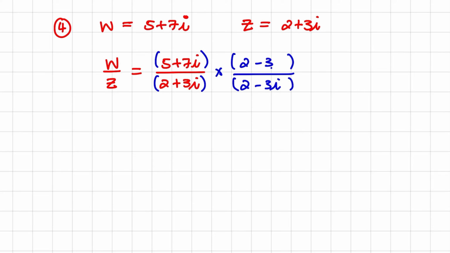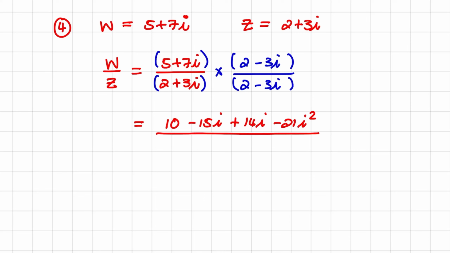So that is 2 minus 3i. And if I expand in the numerator, I have 5 times 2, which is 10, minus 15i plus 14i minus 21i squared over 4 minus 6i plus 6i minus 9i squared.